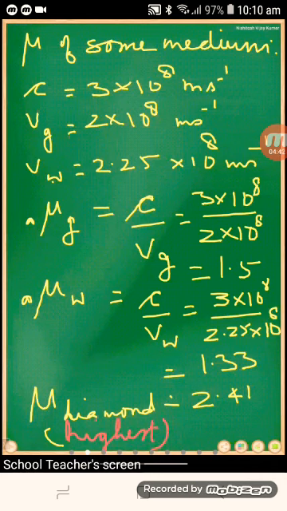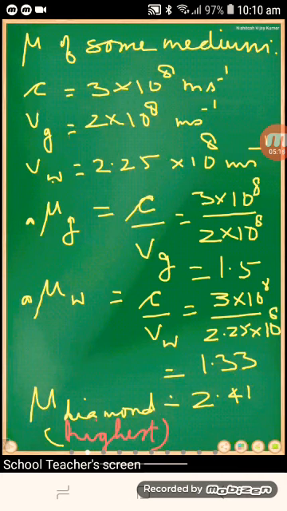Since the diamond has the highest refractive index, the refraction takes place to a maximum extent. Hence, we observe that the diamond is shining. So the lustrous or shining nature of the diamond is again owing to the highest refractive index.